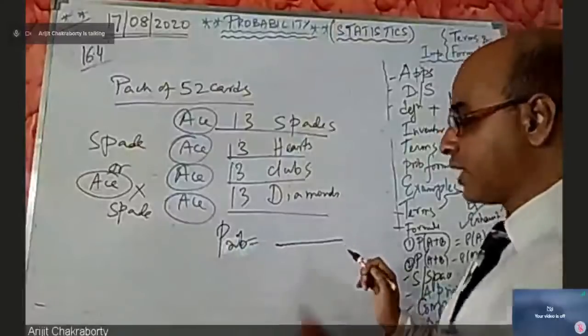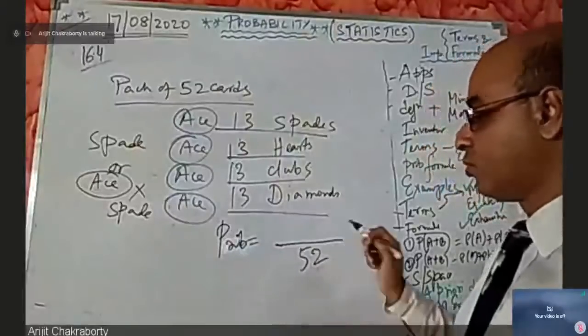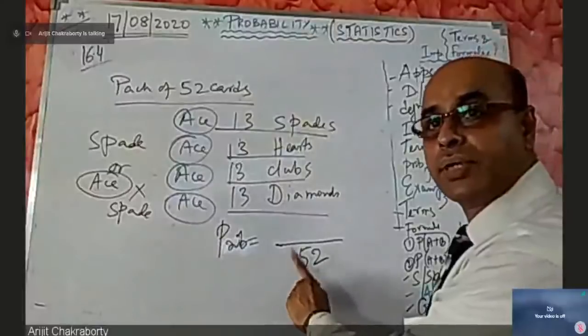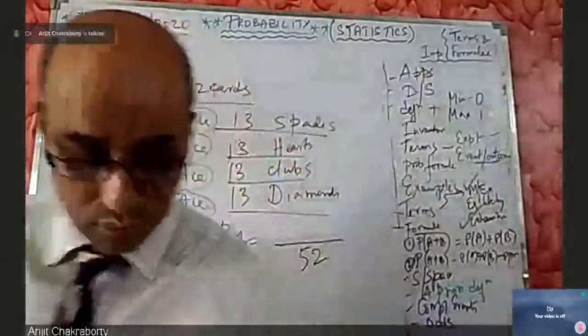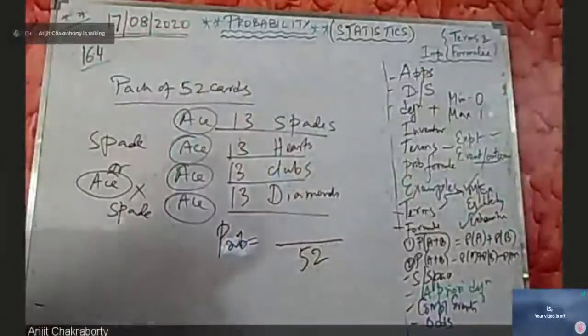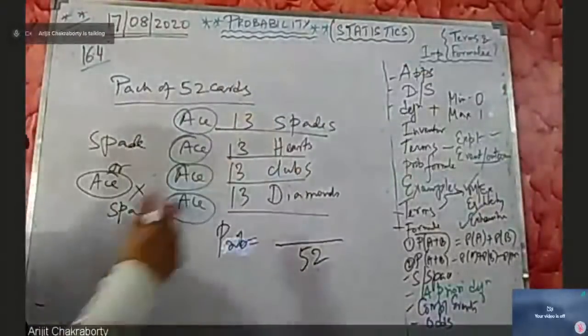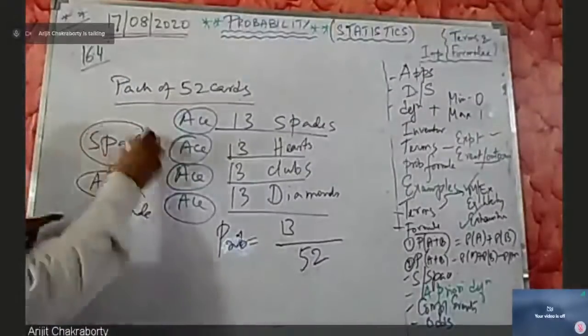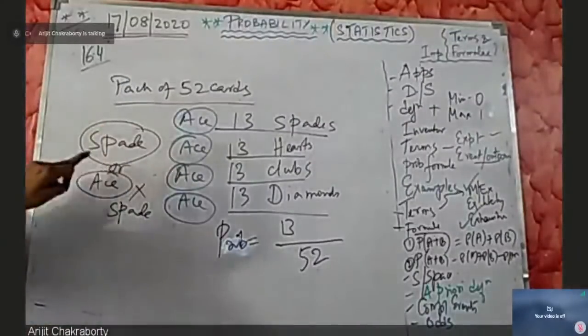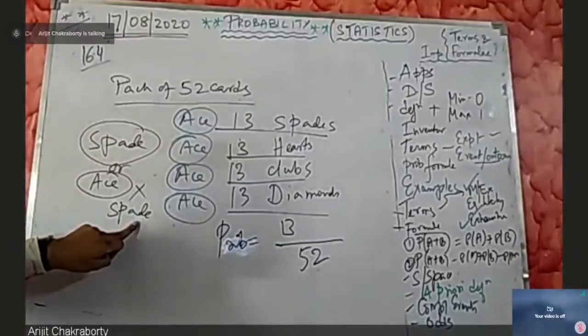The total number of possible cases is 52. This is the denominator, 52 here. Now I need to find out the probability of picking a spade. How many spades are there? 13 spades. So I am writing 13. I can pick up a spade or an ace, but the ace should not belong to the spade.